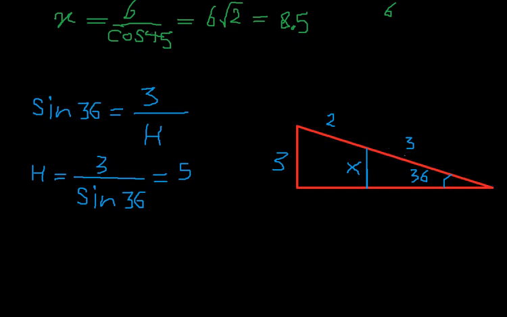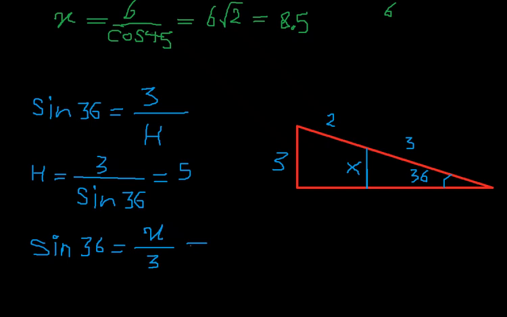So now we have the hypotenuse, an angle of 36 degrees, and our variable x. Again, we need to apply the sine rule. The sine of 36 degrees is equal to the opposite, which is now x, divided by the hypotenuse. In the small triangle the hypotenuse is 3.